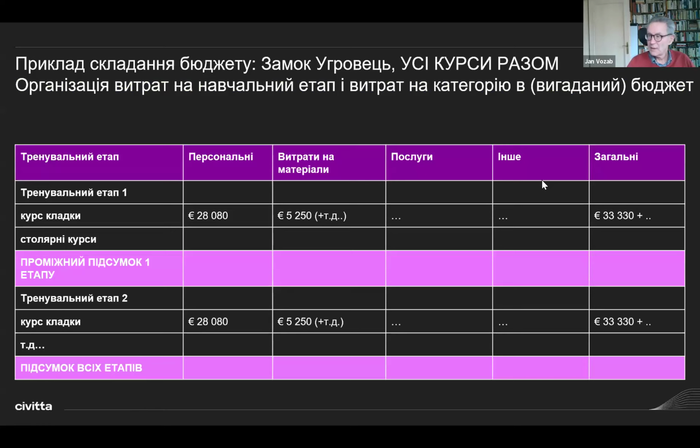So in this table that you can see, there is a line for the masonry course, which was the subject of my example, but the same you do for the carpentry course, and then you've got a subtotal for round 1 of the training.